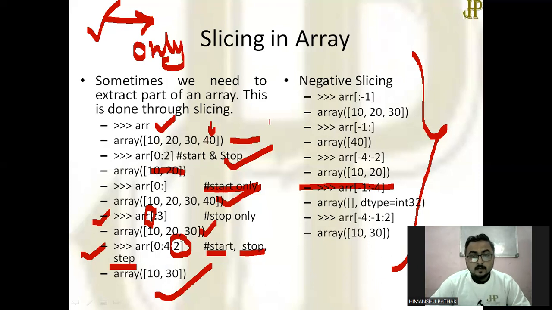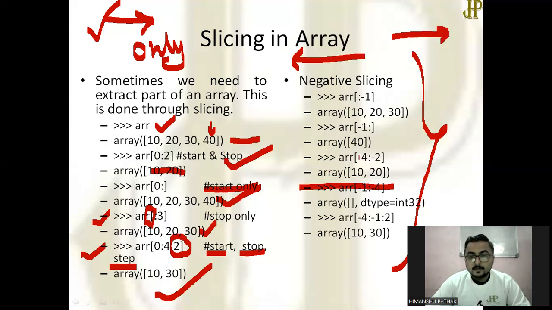So it will never go from right to left. You have to think about that. Okay. In indexing, that can be possible because you are going to fetch only one element. But when you are using slicing, then it should be left to right only.